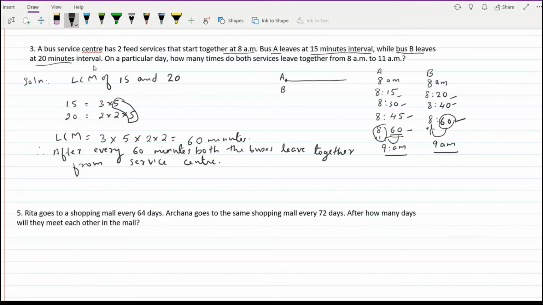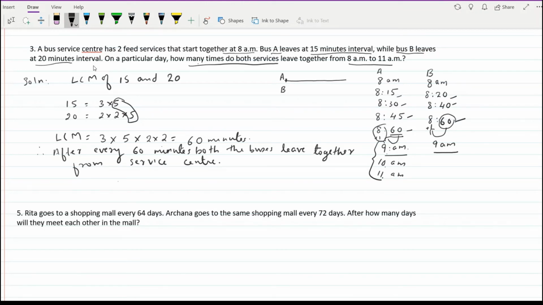So this 60 minutes means 1 hour. But the question is how many times do both the buses leave together from 8 a.m. to 11 a.m. From 8 a.m., after 1 hour, 60 minutes, we got 9 a.m. Next after 1 hour is 10 a.m. Next after 1 hour is 11 a.m. So how many times is it coming? 1, 2, 3 times.